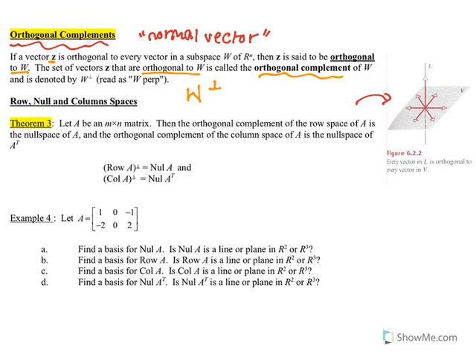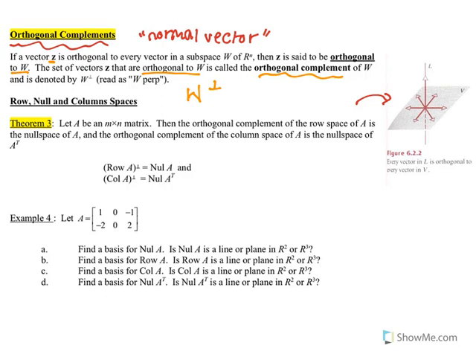So what we are going to do in this last example here is review how to write a basis for something so that then you can think about, okay, well, this is going to be the orthogonal complement to this other set.